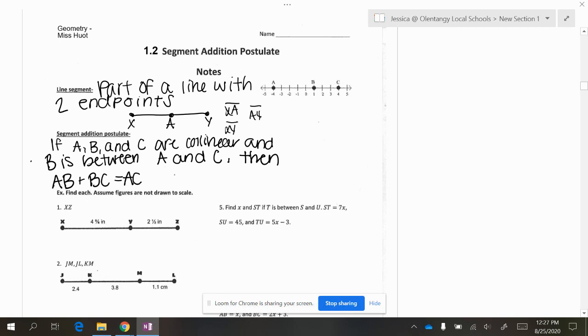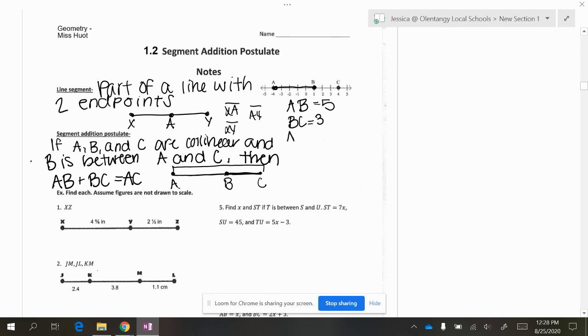So basically what this is saying, you have a segment and I have 3 points on there, A, B, and C. If I add up the length from A to B and I add up the length from B to C, it is going to equal the length from A to C. So here, if AB is 5 units, B to C is 1, 2, 3 units.